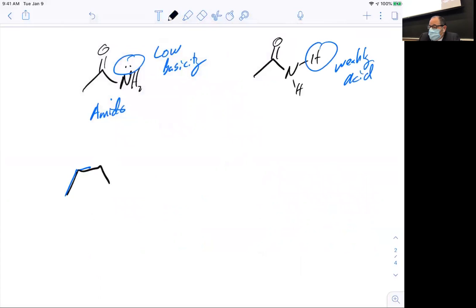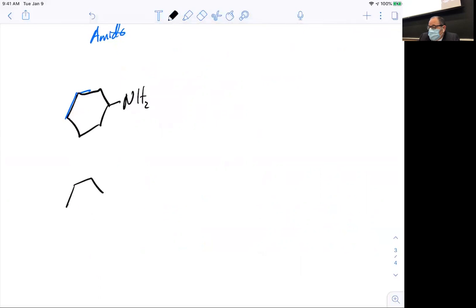And when we look at amines, let's compare the normal amine to one that is adjacent to an aromatic, okay, so this is an aniline compound. When we look there, looking at the conjugate acid, so we react those with an acid.